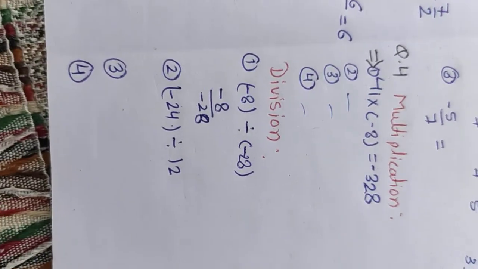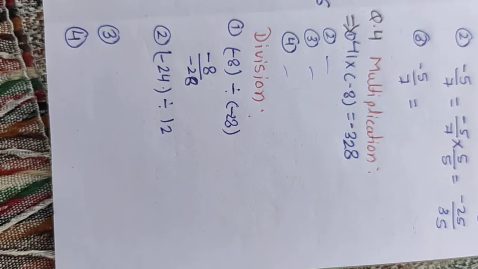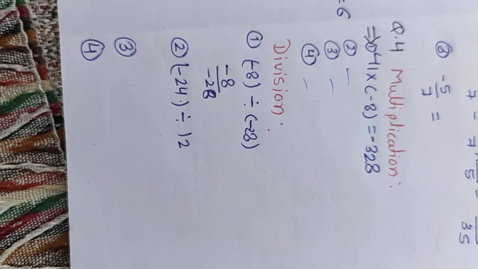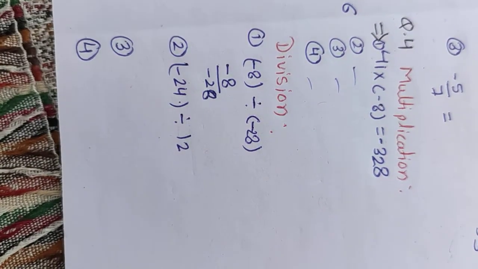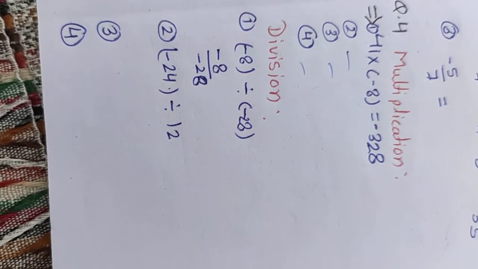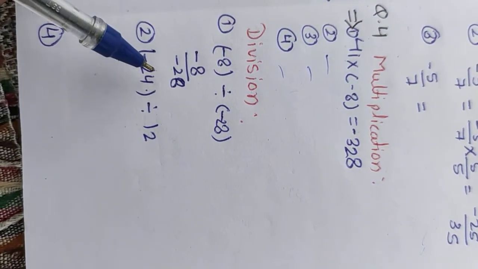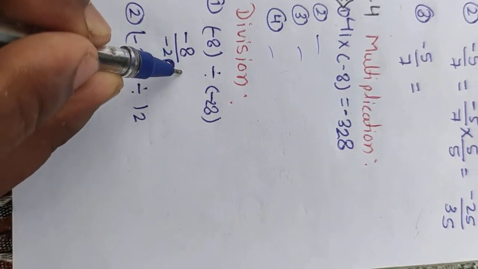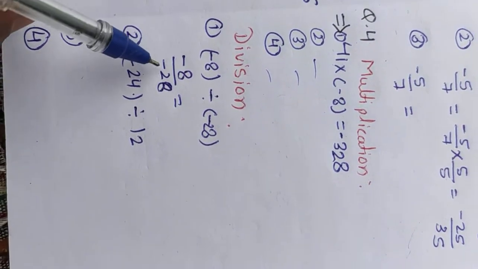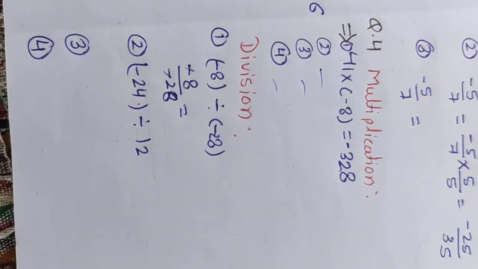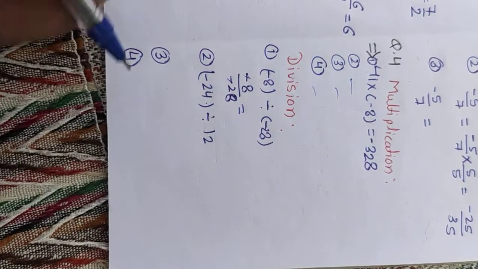Now I will show you a division. Here also you can choose any number and divide it. See, the first one I choose is minus 8 divided by minus 28. So first we have to write it in numerator and denominator form. So minus 8 upon minus 28. According to the fourth rule, minus divided by minus, so minus and minus cancel and we got 8 upon 28.